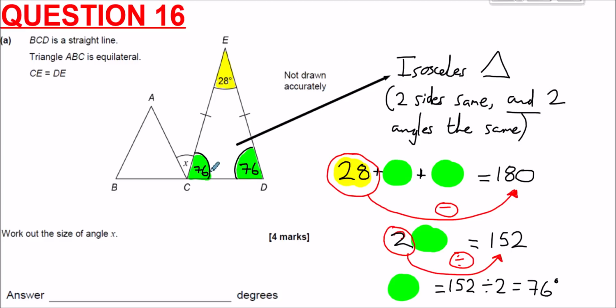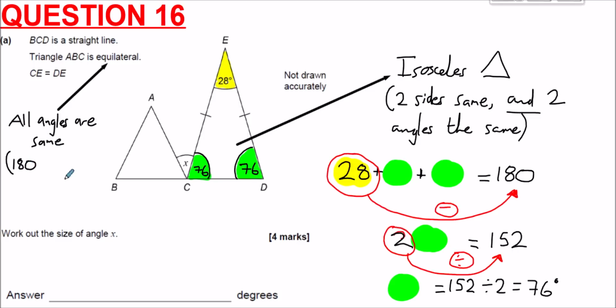and 76. The next thing to notice of this question is that triangle ABC is equilateral. So if a triangle's equilateral, that means all sides are the same and all angles are the same. Angles inside a triangle add up to 180 degrees.